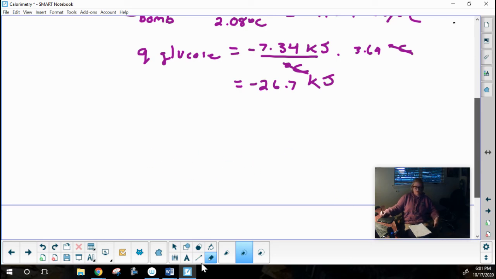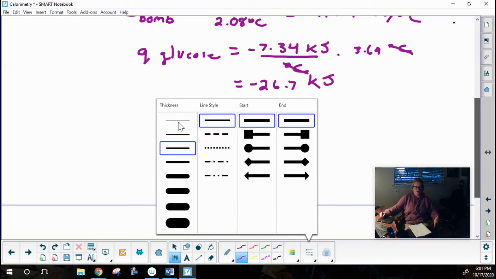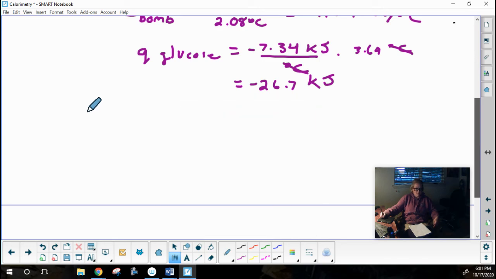So now it's time to get my enthalpy change. I know that the heat of my glucose, negative 26.7 kilojoules, was released for my mass of glucose, which again was 1.732 grams. Now it's time to figure out kilojoules per mole.